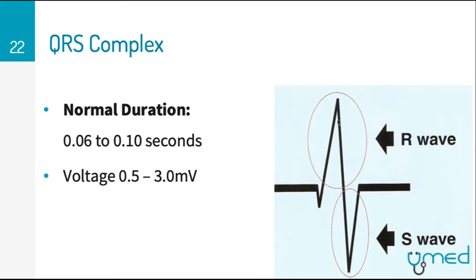Essentially, the duration of your QRS complex is within this range, 0.06 to 0.1 seconds, right? You need to know the voltage as well, 0.5 to 3 millivolts. All these things are important to know when you assess the ECG, so you actually have to look out for these things. I'm going to walk you guys through all the steps in a bit, but we're going through all of this to get to the ECG part.